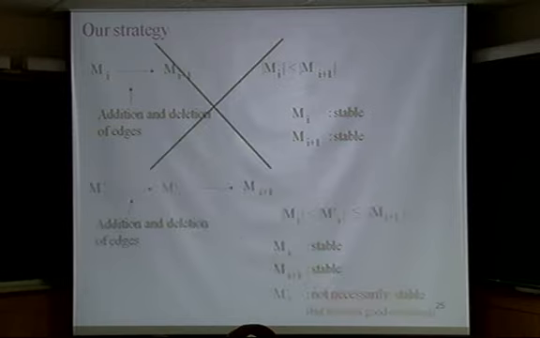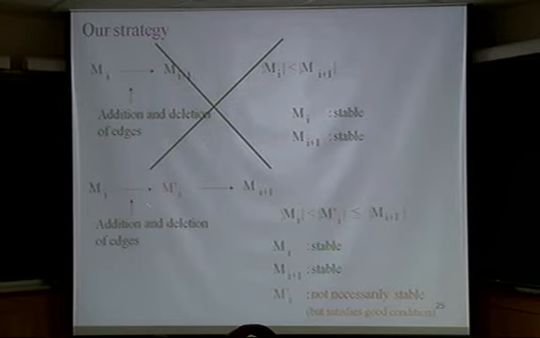And what we have done is to use an intermediate matching. By removing and adding edges, we construct a matching Mi prime. We modify Mi to Mi prime. Mi prime is not necessarily stable, but it satisfies some good condition. I will show the condition later. And it has a larger size than Mi.